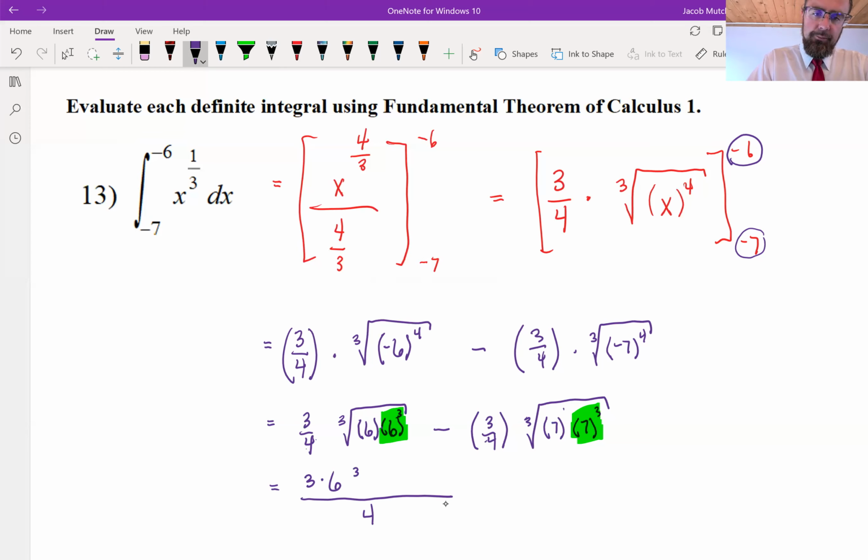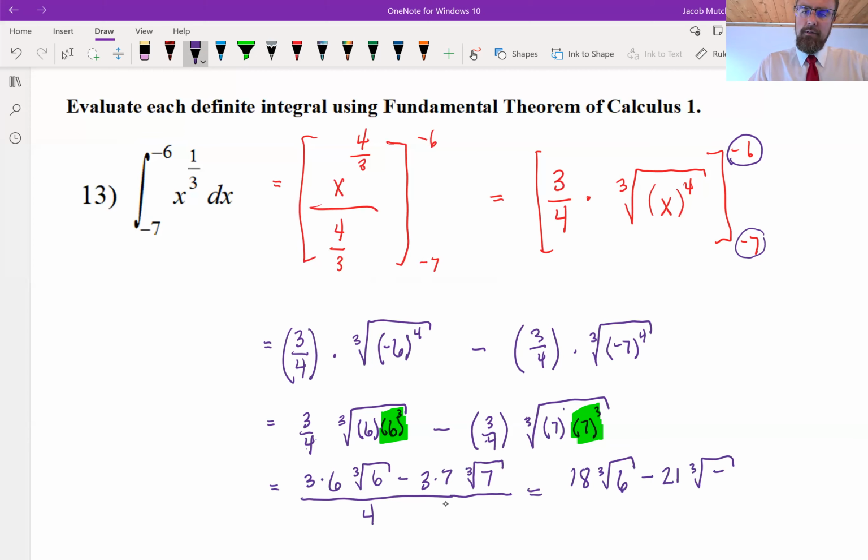And we're going to leave the cube root of the lone power of 6 there, minus 3 times this 7 to the power of 3, the cube root of it is going to be just 7, times the cube root of the lone power of 7 that was still there. And ultimately, we're going to get this reduction. It'll be 18 times the cube root of 6 minus 21 times the cube root of 7 over 4.